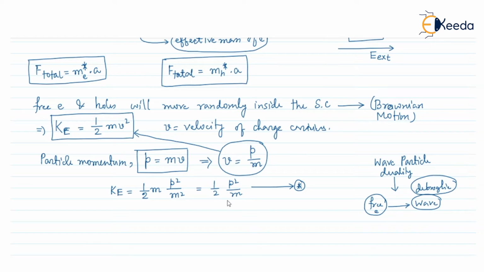De Broglie wave. Every electron can be associated with a wave called a de Broglie wave.